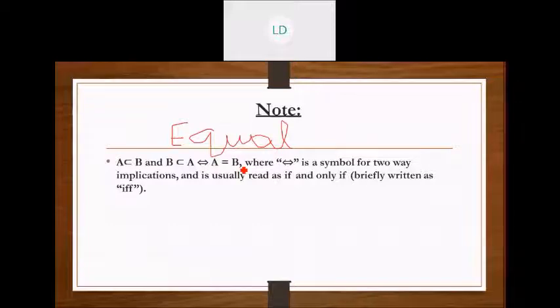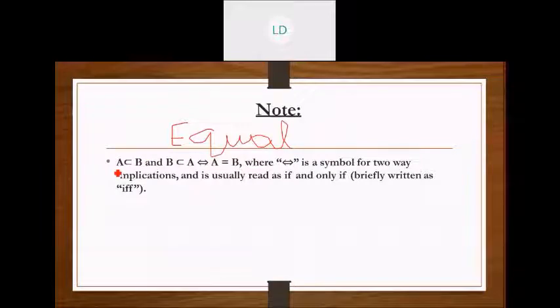Now here we consider a different definition for equality using the concept of subset. So what does it say? A is a subset of B and B is a subset of A if and only if A equals B. So what is the meaning of this?